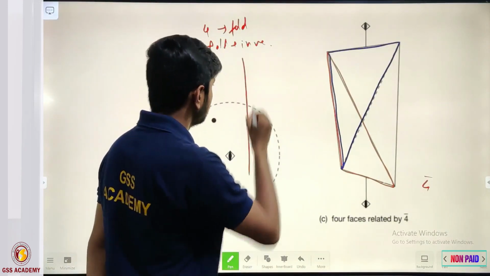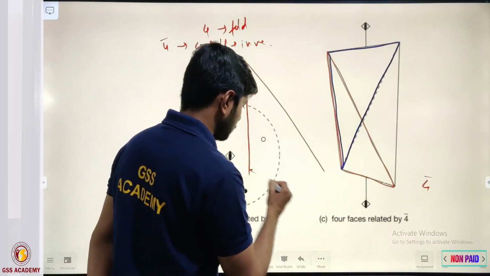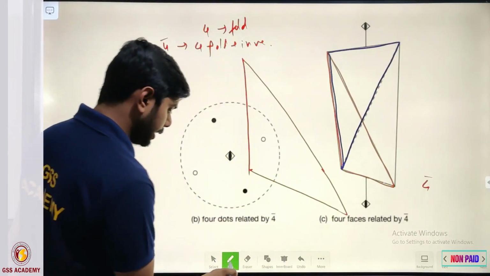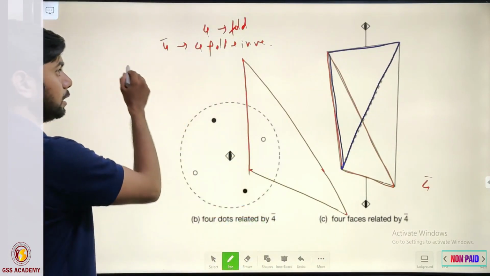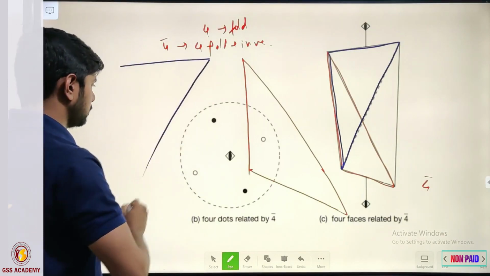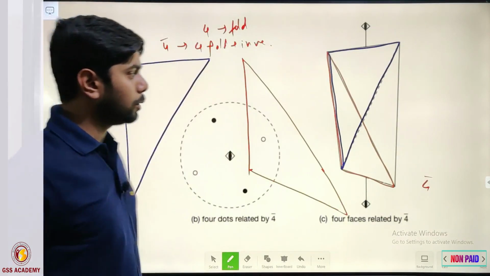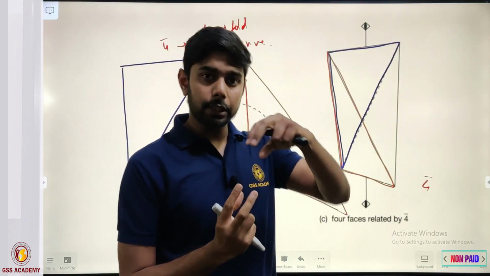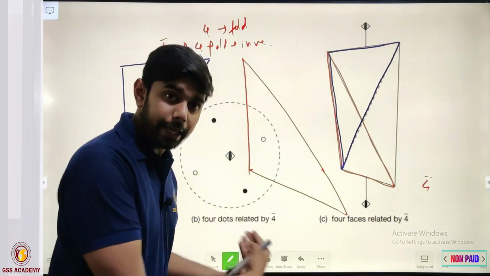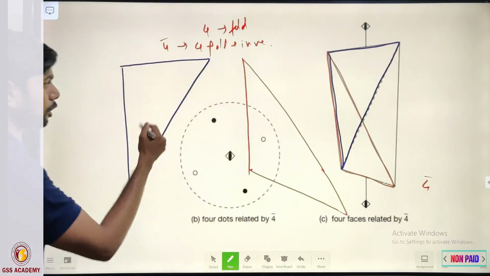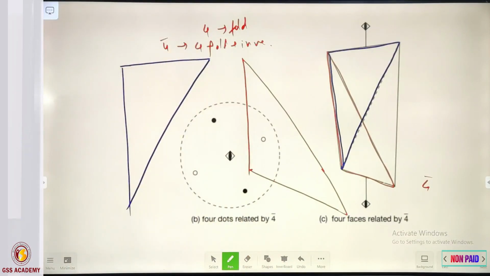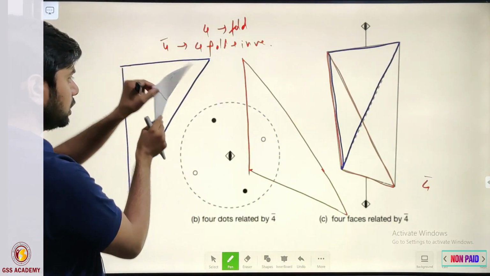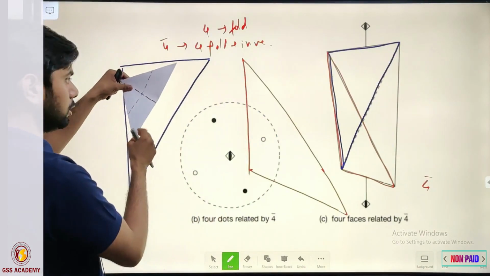The first face looks like this, and the appearance of the second face is like this. I think these two are not similar. So if we rotate the crystal through 90 degrees and invert it, after inversion of this face, we will get the same face.